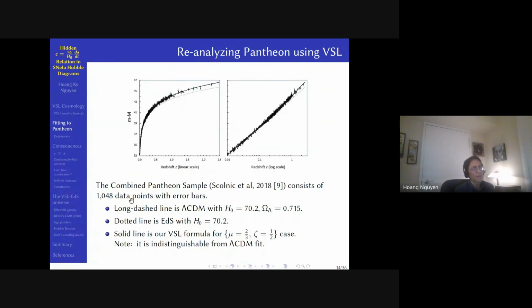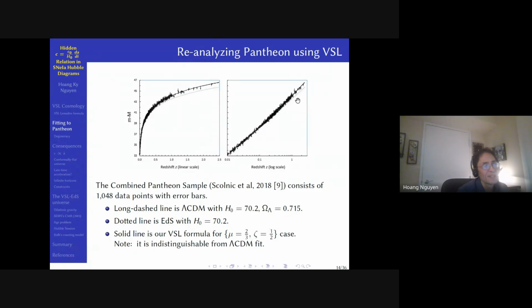So the combined Pantheon sample, composed by Scolnic and collaborators in 2018, has 1,048 data points without the bars. Now the long dashed line, sorry, we don't see it because it's indivisible. So this line is okay. So the EDS, if we use EDS with H naught to be 70, it will be that line, right?